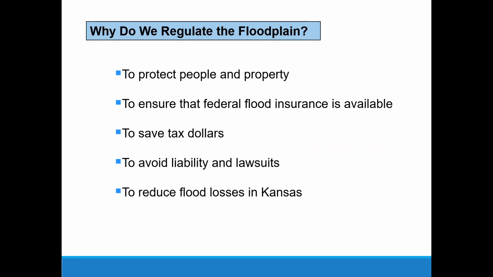So why do we regulate the floodplain? So we have to protect people and property. So the words health, safety, and general welfare are in all of our planning documents. It's in our ordinances, and it's a compromise for allowing people to make those developments. And so we make sure that federal flood insurance is available.